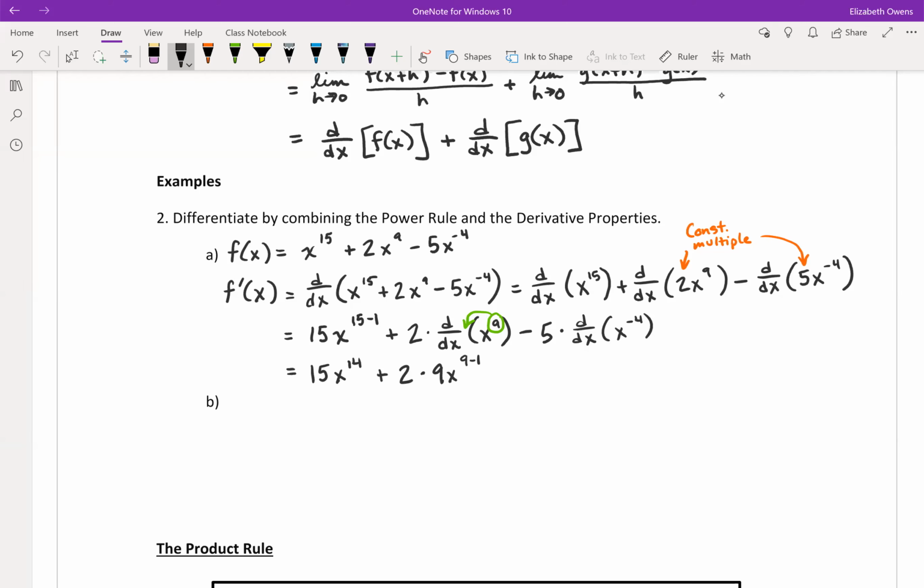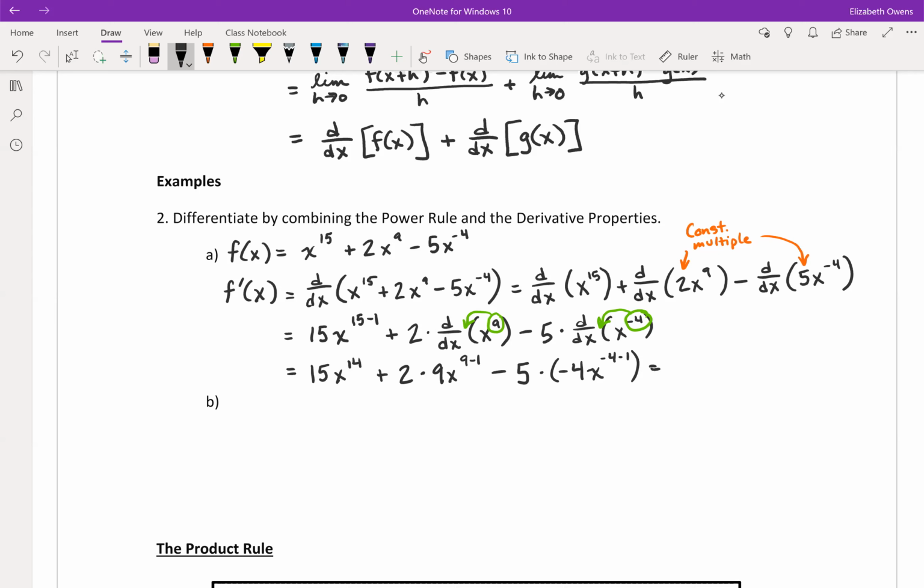And then we'll do the same type of thing over here with our last derivative. We've got our negative and then our 5, and then we'll have that negative 4 brought down out front as a coefficient. I'm going to stick parentheses here: negative 4 x to the negative 4 minus 1 power.